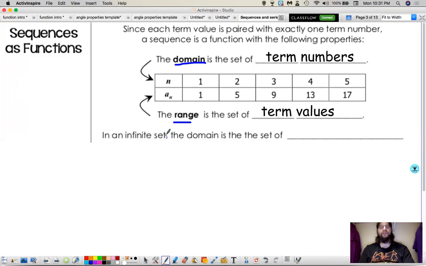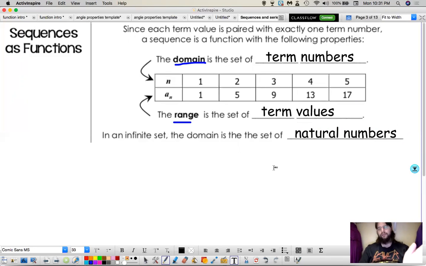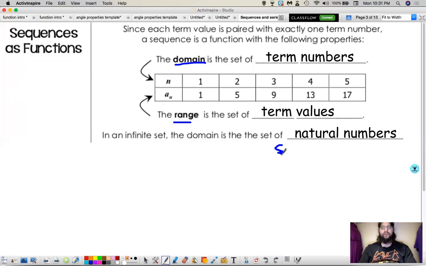Again, it depends on who you're talking to. We'll just go with the naturals. Again, realize it really depends on whatever your professor's telling you. For me, we can go with natural numbers minus 0, or you could write 1, 2, 3, ellipsis. That would work for me too.